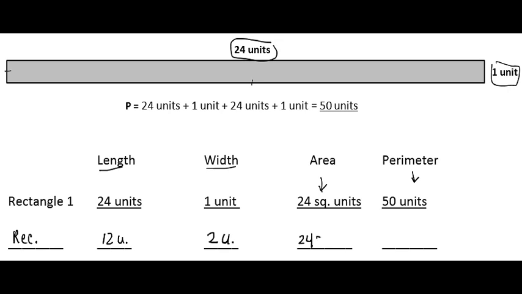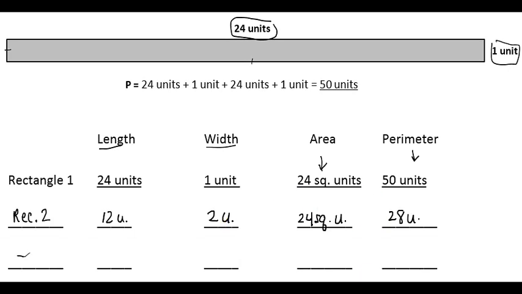To find the perimeter of this shape, I would add my length and my width. 12 plus 2 is 14, but then I would have to add another length and another width, and that would be another 14. So 14 plus 14 is 28 units. 12 plus 2 plus 12 plus 2. So the area is still 24 square units, but the perimeter is 28 units.